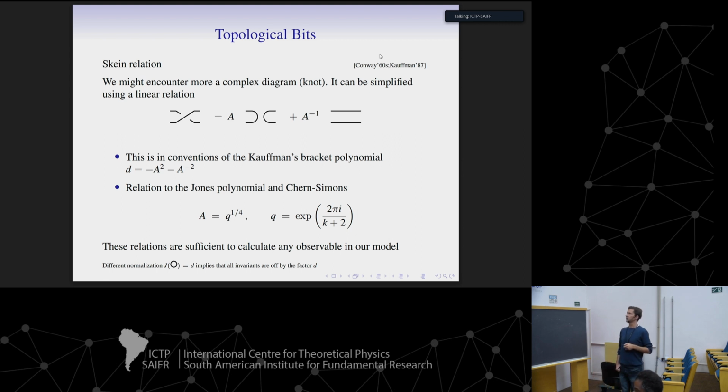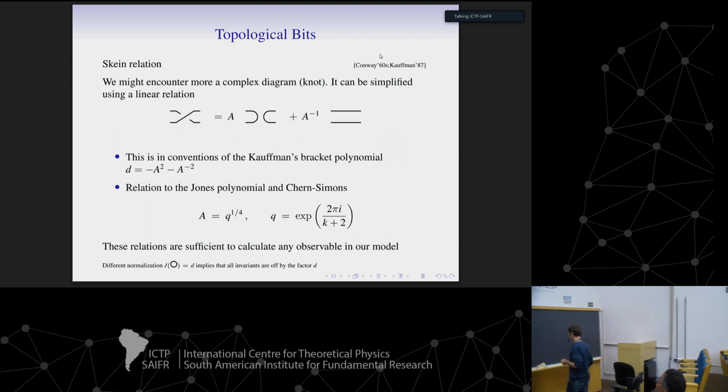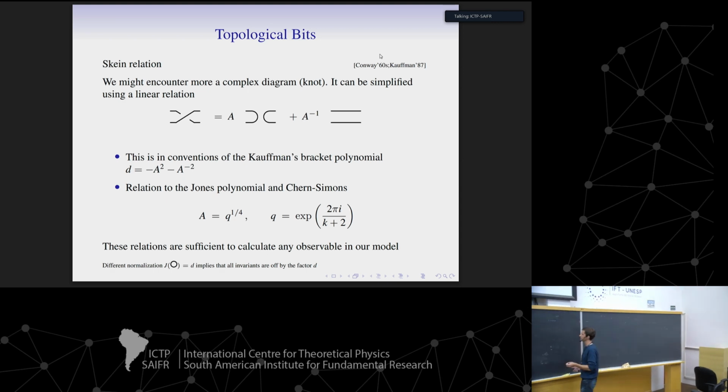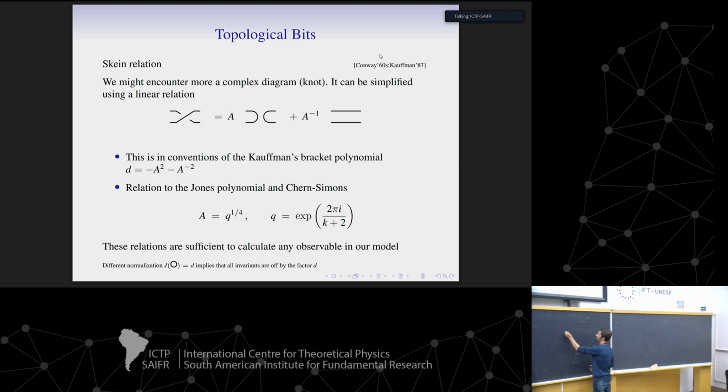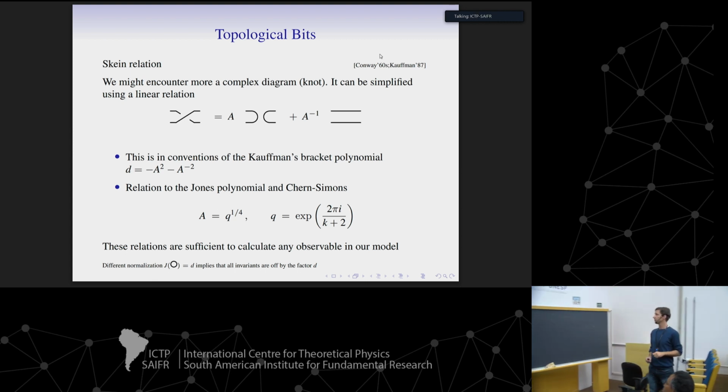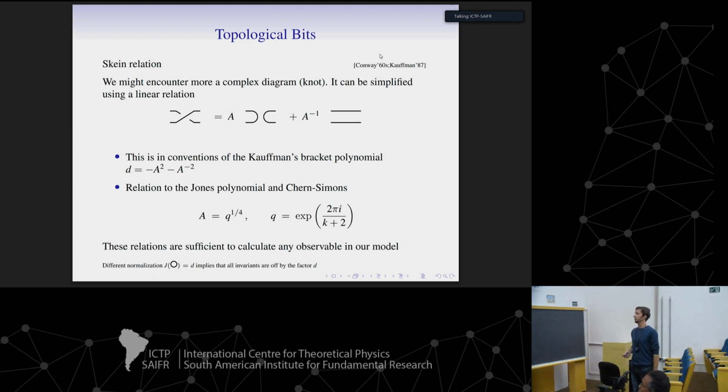One observation is that this normalization is slightly different from the standard one of Jones polynomials, just by this factor of d. It is a natural convention because you can think of just one closed line as a trace of the identity operator. So d is a dimension. If you have just one circle, you want the result to be the dimension of this representation.